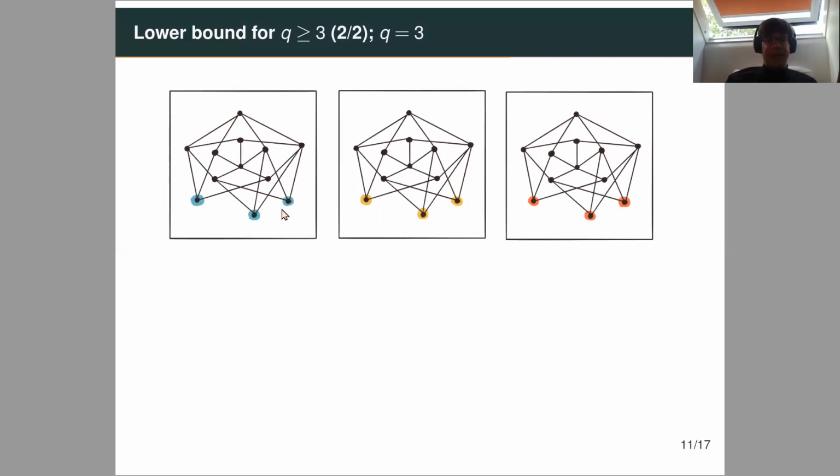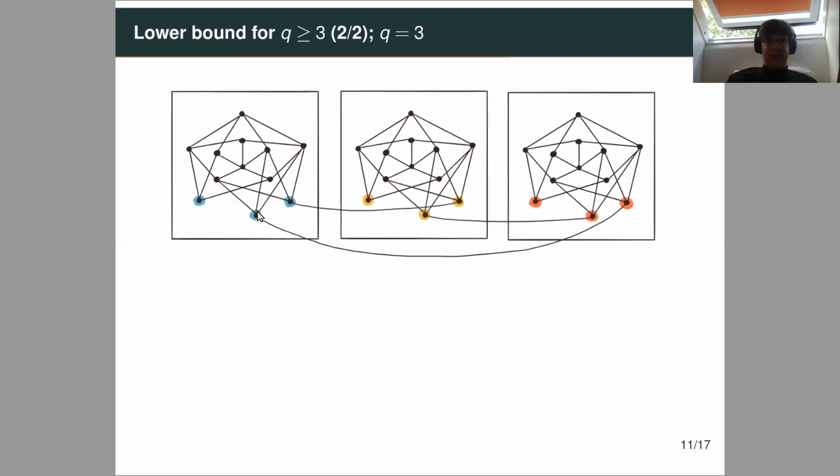So to that end, we introduce some true twins of these special vertices. And we also know that each of these false twins cannot be adjacent. And we also know that each of these false twins will have to receive the same color as these 2 special vertices for the same reason as above. Okay, and now we use these newly introduced vertices to connect these copies.